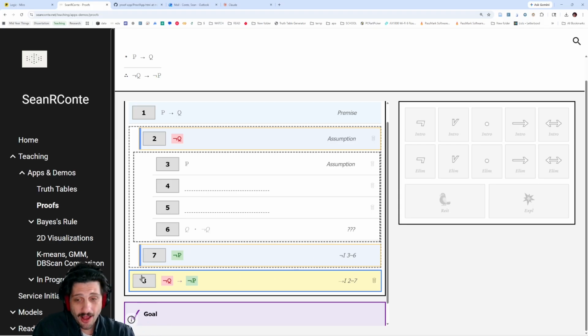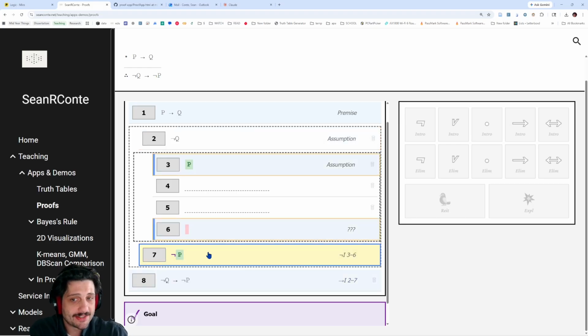The subproof itself, this rule doesn't really care how I fill it in. Maybe I need to fill it in with some and introductions or some and eliminations. Maybe I need to do more subproof. It doesn't matter. All that this main big subproof cares about is that it started with not Q and it ended with not P. And that's how we show not Q leads to not P.